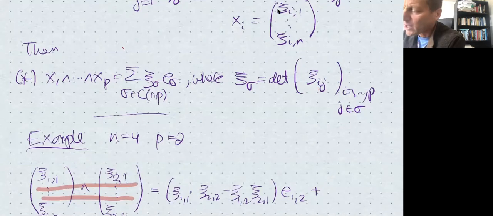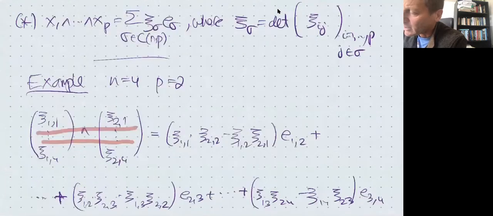And if sigma is not equal to sigma 0, that means at least one of the indices in sigma is not an index in sigma 0. So in the C_ij that appear here, we have one column which is 0, so the determinant vanishes.